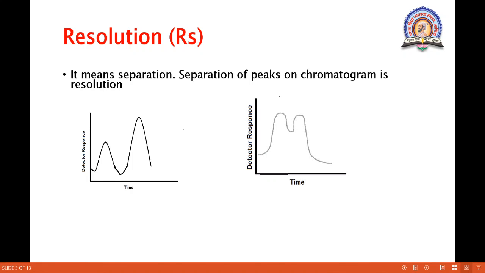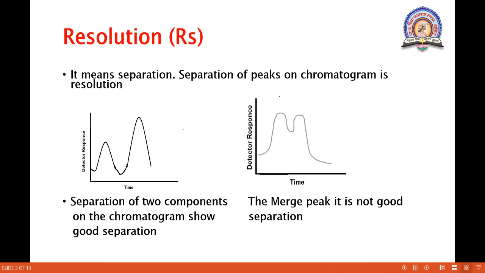So here two chromatograms are there. In the first case, detector response versus time, and two separate peaks are observed. While in the second case, we are getting a merged peak.